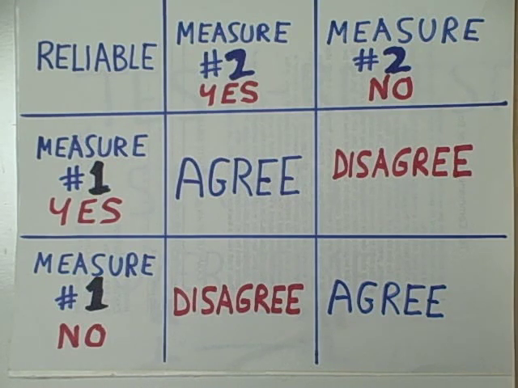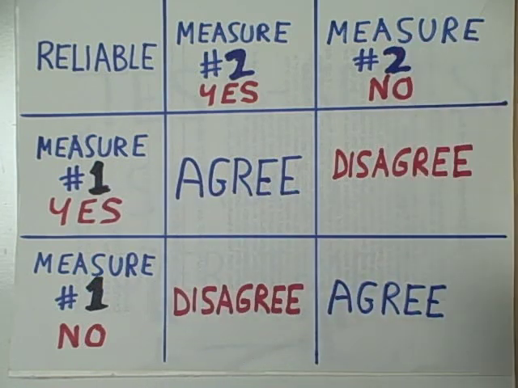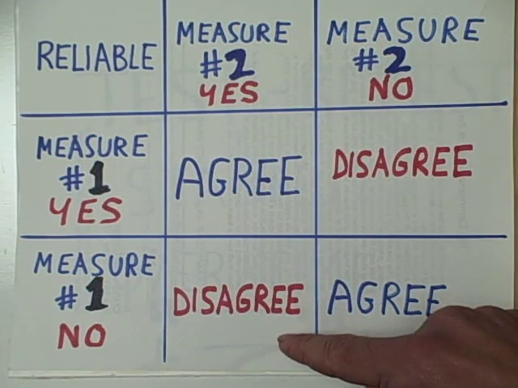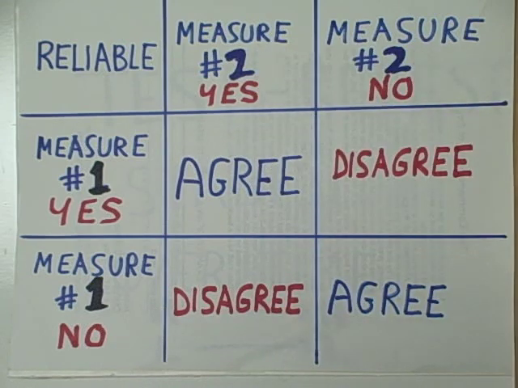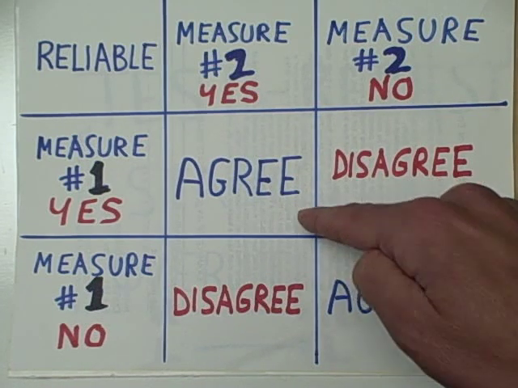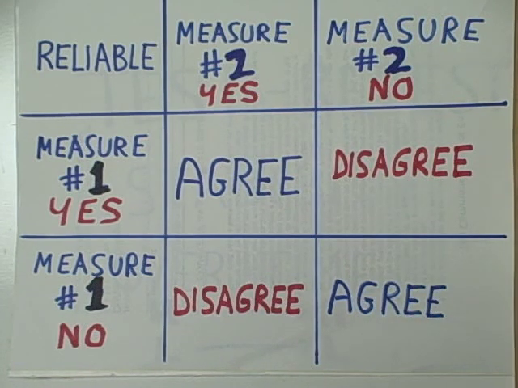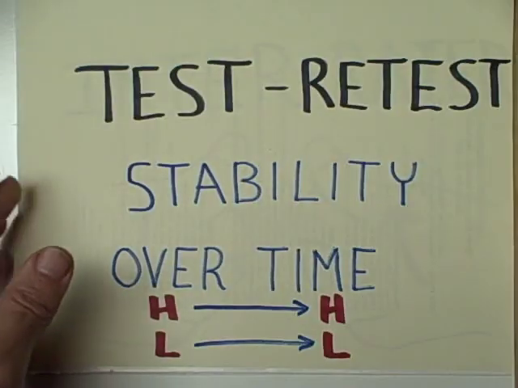The people who would be placed here scored high the first time, low the second time. People who would be placed here scored low the first time, high the second time. And if most of our subjects wound up here or here, we have an agreement, a stability, consistency between the first measure and the second measure.